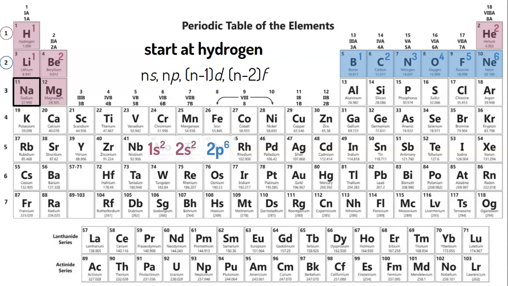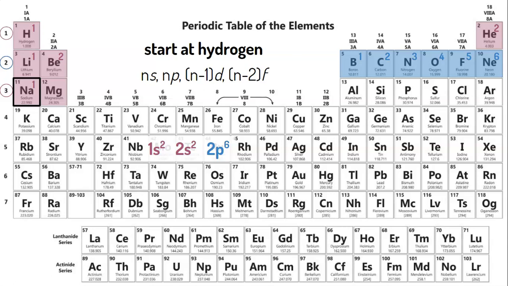Now we're in row 3, and we're in the S block. So our row block is 3S, row 3, block S. Now, is sodium in this? Yes. So we count the number of elements till the element we want. So we're in row 3, block S, and 1 element till we get to sodium.